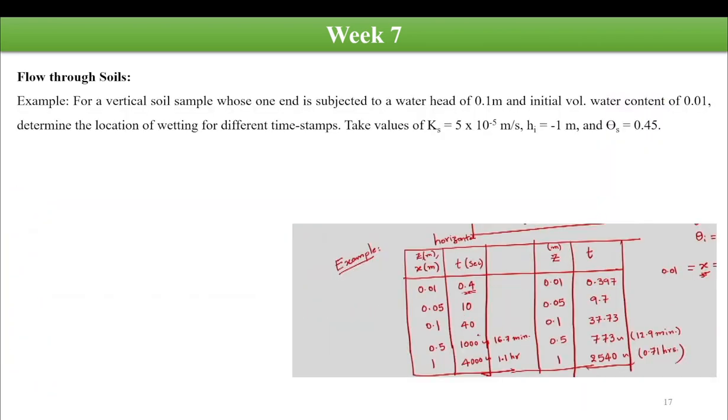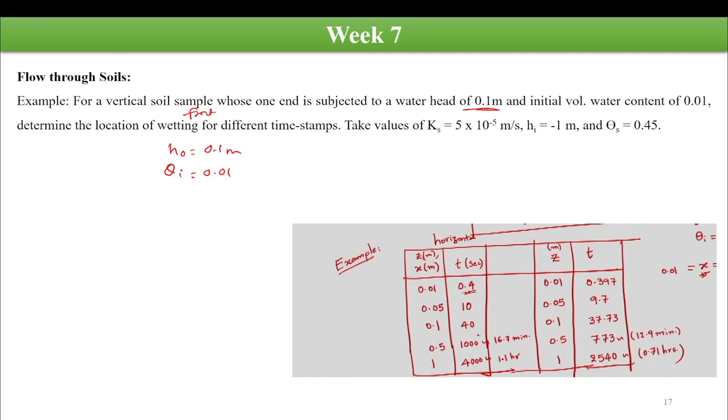So the example is that for a vertical soil sample whose one end is subjected to a water head of 0.1 meter, you can write that H naught is 0.1 meter. And the initial volumetric water content is 0.01, theta I is 0.01. Determine the location of the wetting front for different time stamps.